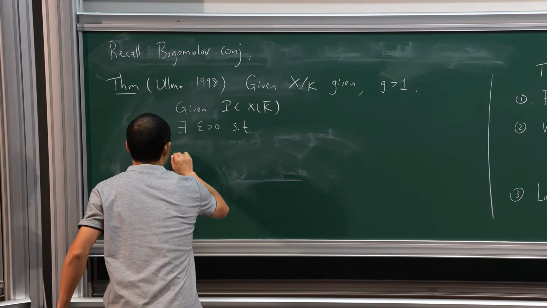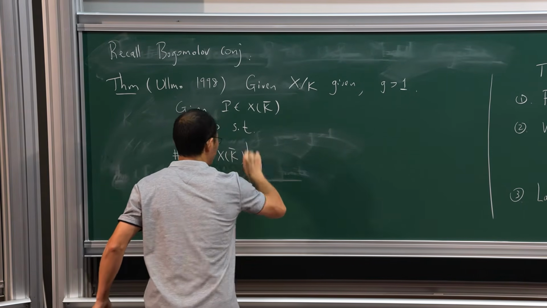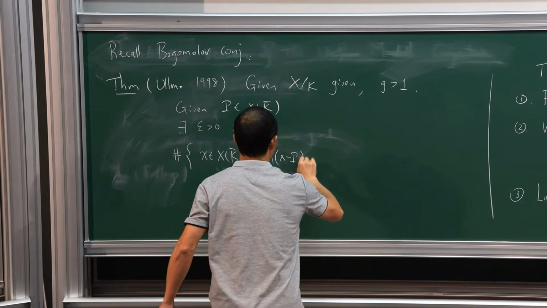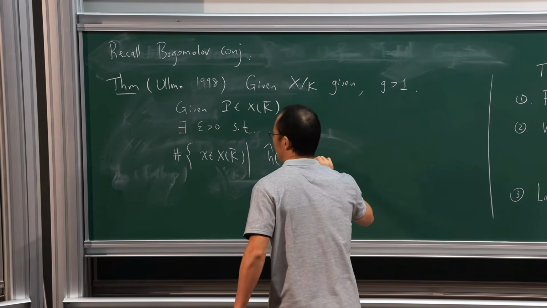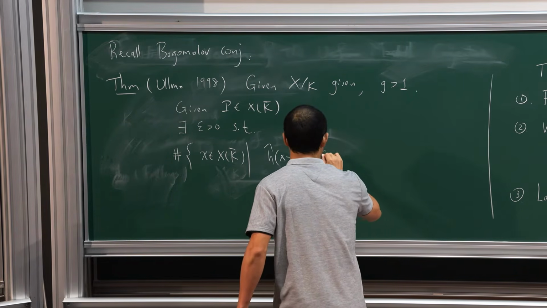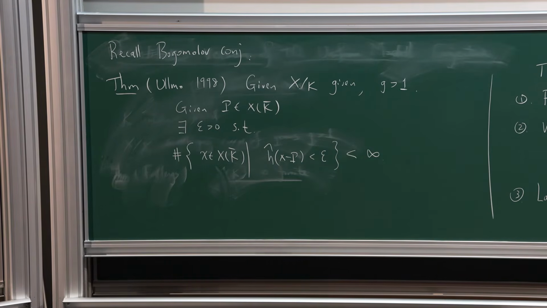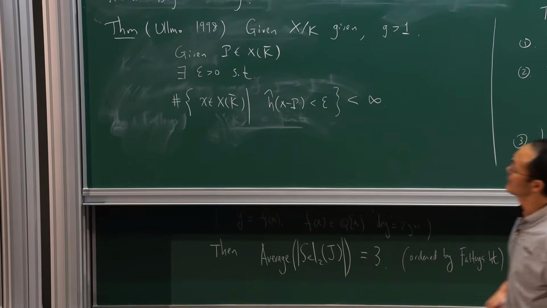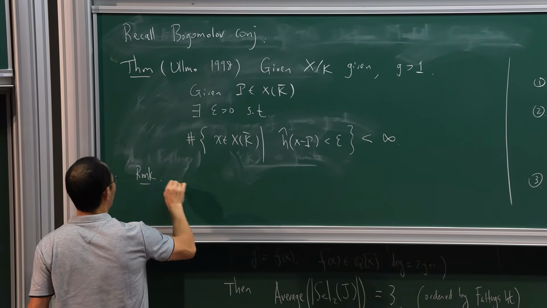the number of points x in X(K bar) with the height of x minus p, this is the height in the Jacobian, less than epsilon is finite. So this is the original Bogomolov conjecture, and then I put some remarks.